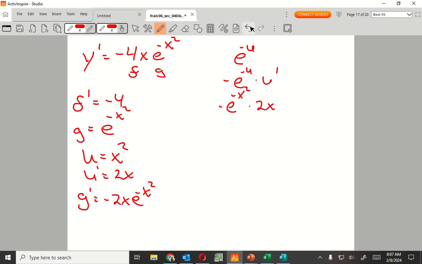All I'm doing is setting up the product because I have to have my f prime and I have to have my g prime, but my g happens to have a chain rule in it. So I slowly put it all together. Now I can actually just do the product rule just by plugging everything into the product rule.